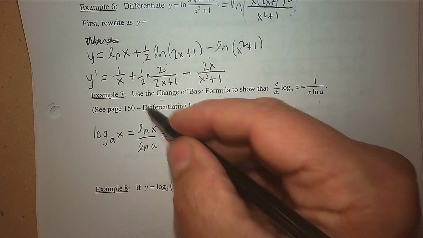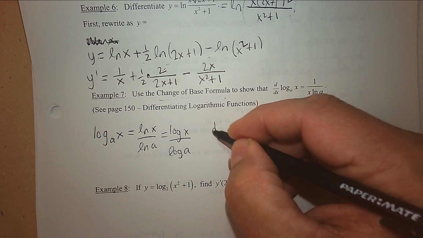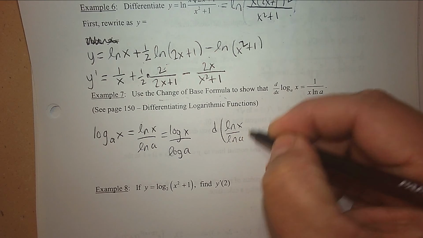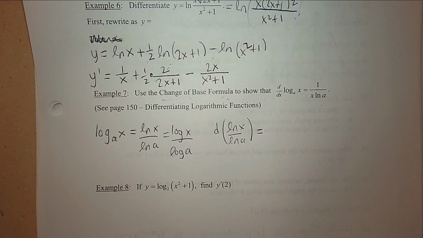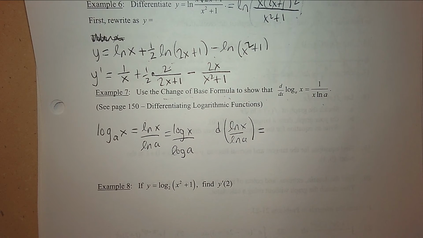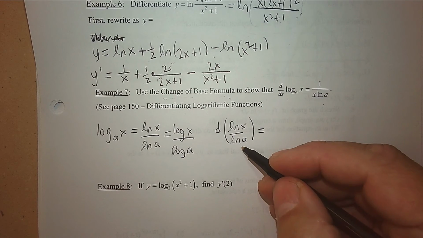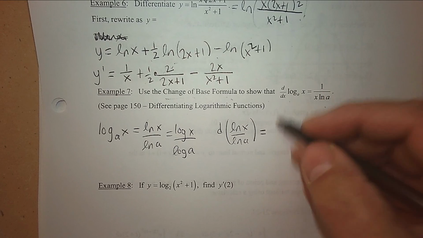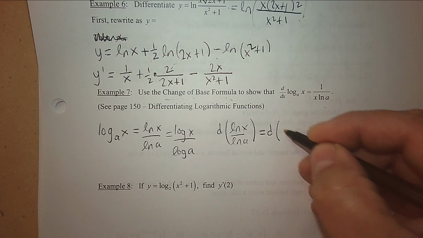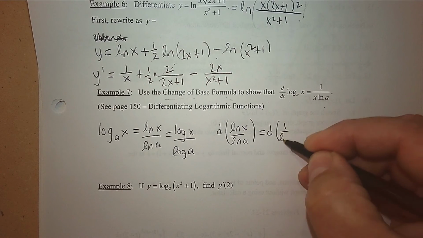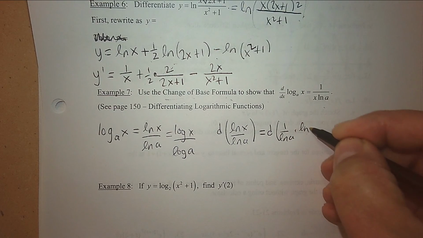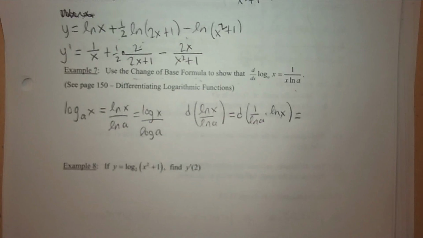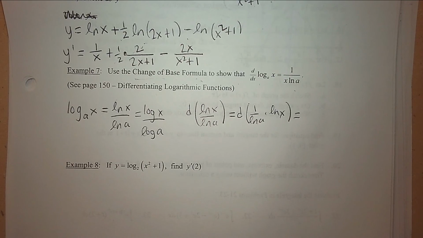So if I'm taking the derivative of ln x over ln a, how would you do that? I wouldn't use the quotient rule necessarily. Do you know that a is a constant, right? So it's just the same as saying like 1/2 in front or something like that. So let me rewrite it like this so that you can see 1 over ln a is just a number. It could be 1 over 2, right?